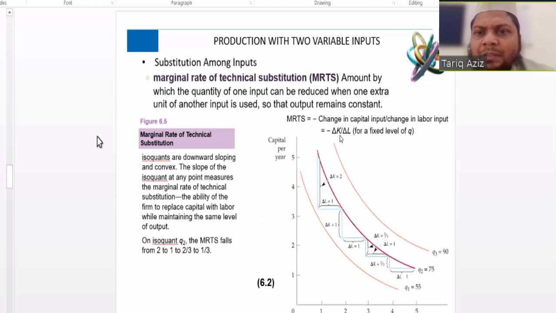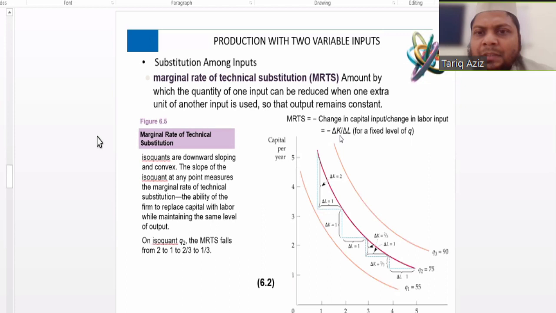So if you look at this table, the capital was 5 at this point and labor was 1. Then we reduced capital from 5 to 3 and increased labor from 1 to 2. So we decreased capital by 2 units and increased labor by 1 unit.